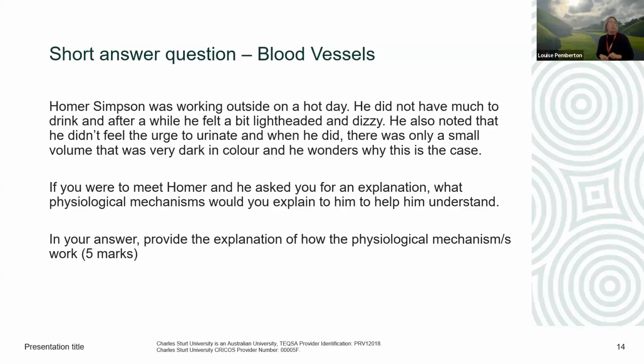So what is causing him to be lightheaded and dizzy? He's dehydrated, right? Because it's a very hot day, he's lost a bit of blood volume, and that's going to cause his blood pressure to drop, isn't it? So what do you think has happened for him to produce urine that's very dark in color?